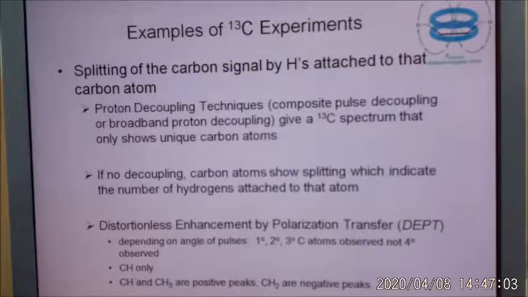So in your carbon spectrum, you can say, I know which ones are CH2 groups, CH groups, CH3 groups. I know which ones are CH, so I can distinguish between CH and CH3. And I know which carbons don't have any hydrogens on it. And that's all by DEPT experiment.